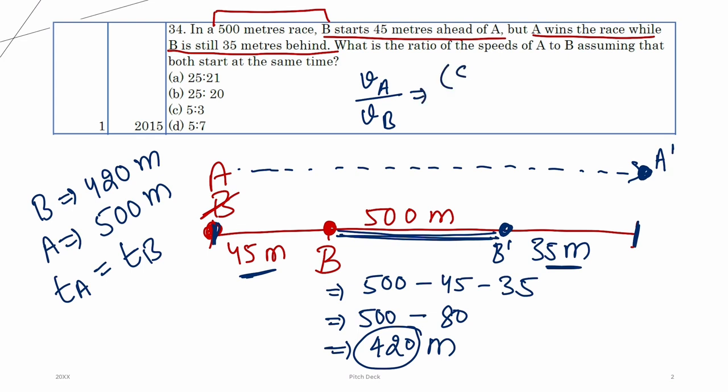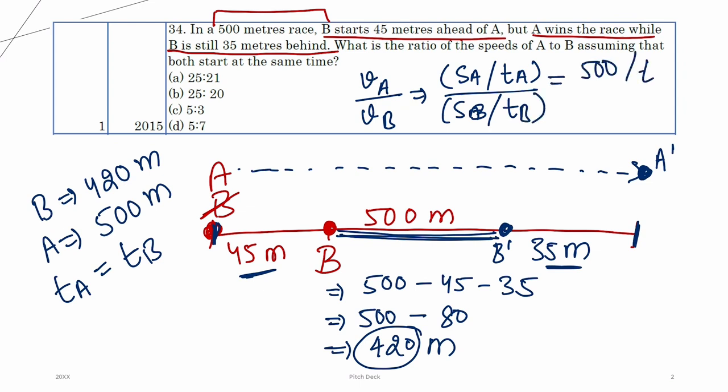Speed of A is distance covered by A divided by time taken by A, and for B, distance covered by B divided by time taken by B. So distance covered by A is 500 meters divided by time taken by A, and 420 divided by time taken by B. Since both times are the same, we can cancel them out. So the ratio of the speed is 500 by 420, or you can solve it and you will find this is 25 by 21. And that is the answer. I hope this is clear.